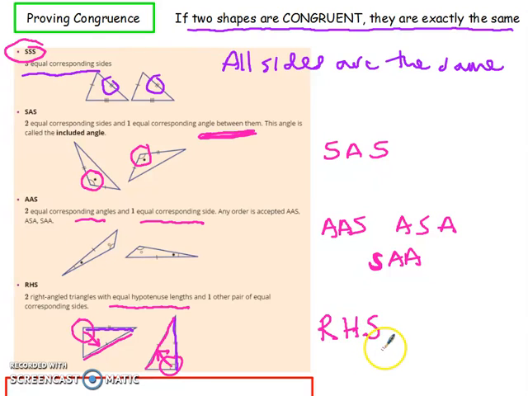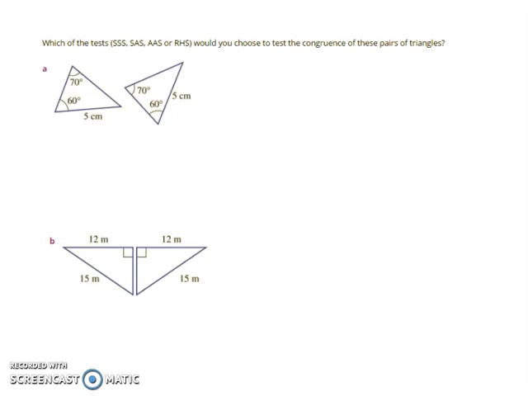Okay, let's have a look and see how we actually put that into practice in these examples here. Which of the following tests, and there's your clue that the four proofs that you can have, would you choose to test whether these two shapes are congruent? So here we've got a triangle 1 and a triangle 2.